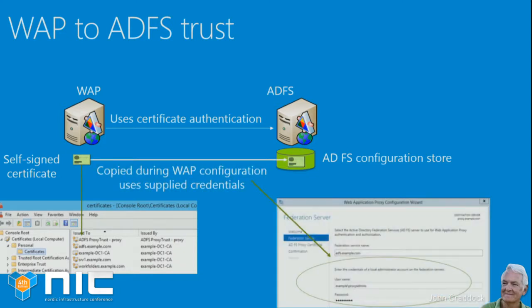In ADFS, it will be copied out of the database into the trusted devices node of the certificate store, so you can check that it is also there. If you get a problem with the relationship between the two, you can check those locations for the certificate being there.